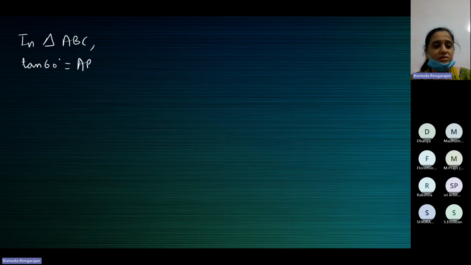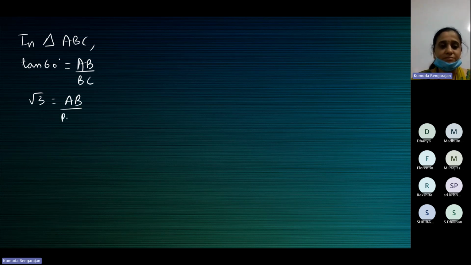The side adjacent to 60 degrees? BC. Very good. And what's the value of tan 60? √3 is equal to AB by BC. Here you're supposed to find BC. So √3 BC is equal to AB, so BC is equal to AB by √3.